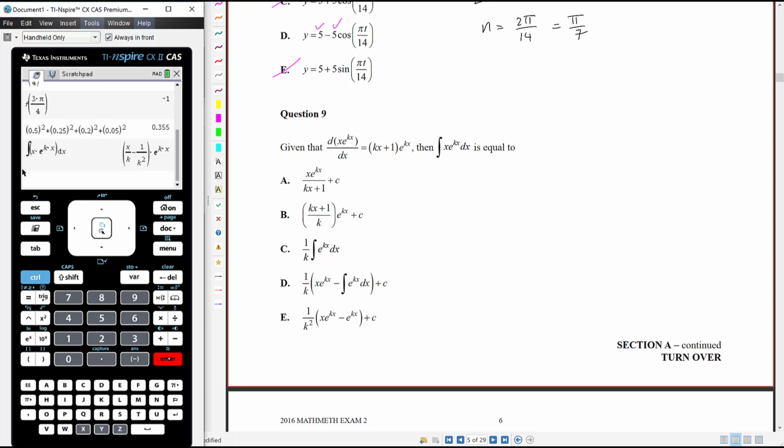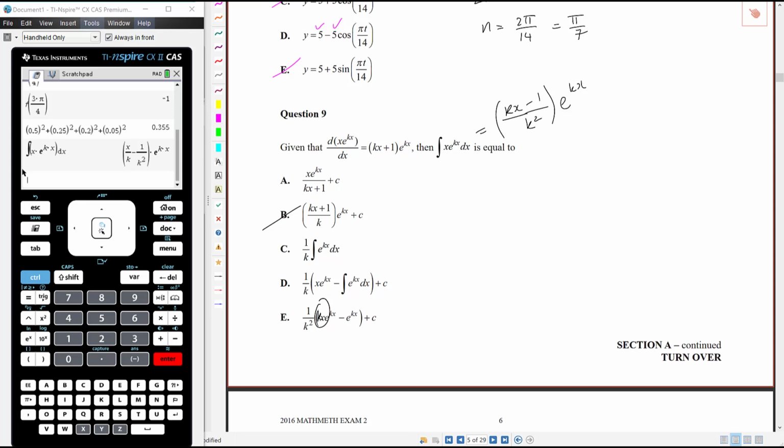If we were to write that bracket with a common denominator, that's going to be kx minus 1 over k squared times e to the kx. So it's a minus 1, not a plus 1, so that doesn't match that either. So I'd say from that B's not right. And it's not going to be, you know, if we were to expand this out, this one here is nearly right.